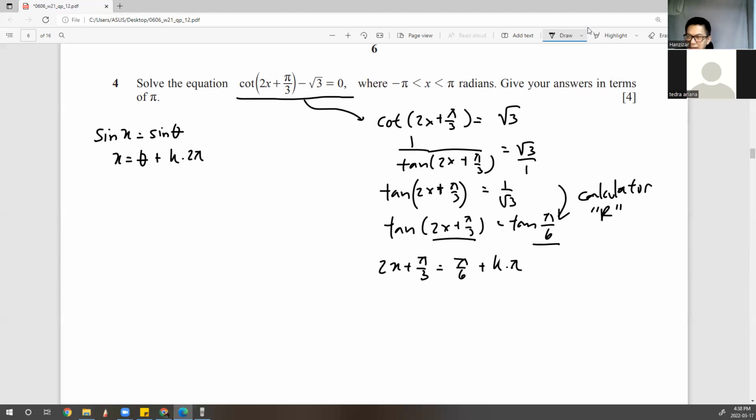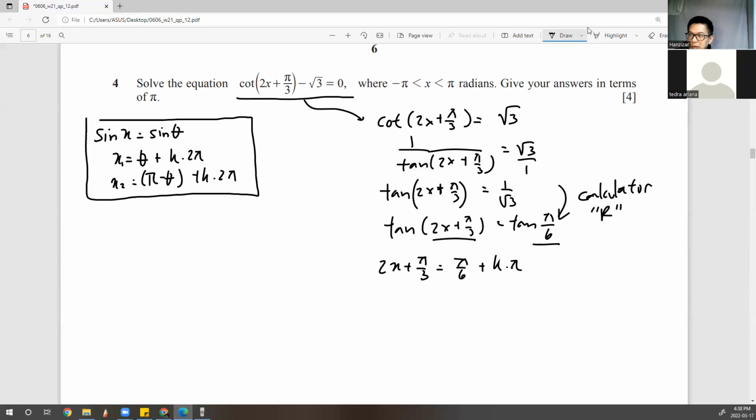And then x2, since sine is positive in the second quadrant, you can write pi minus theta plus k times 2 pi. Have you learned about this previously in your school? Not yet, I don't think so.